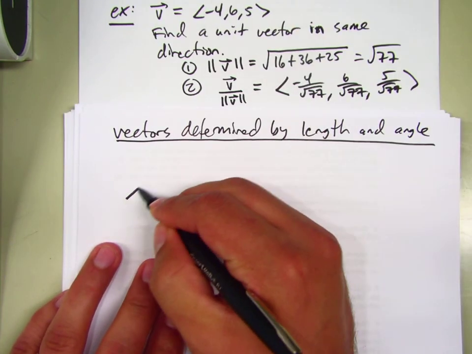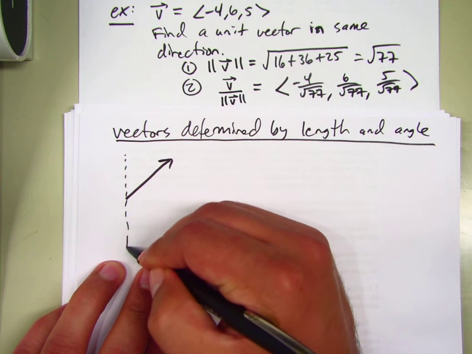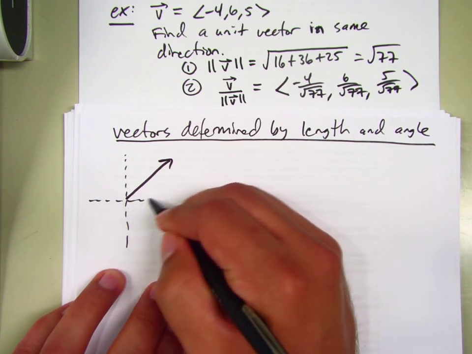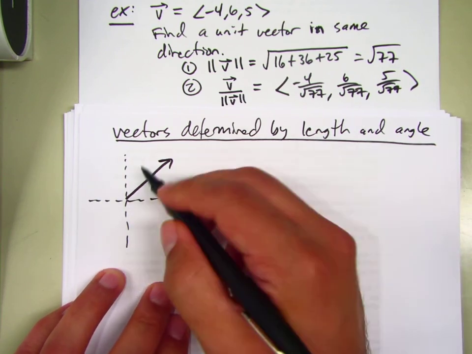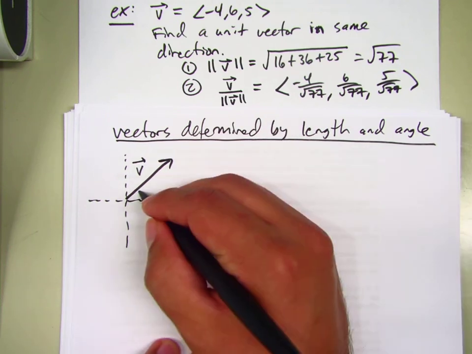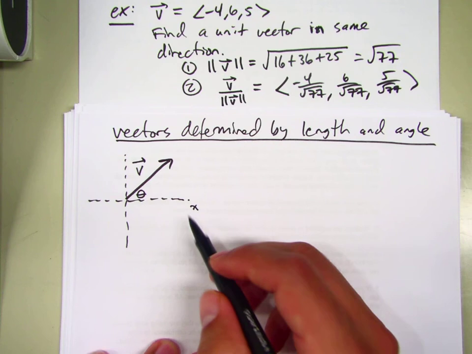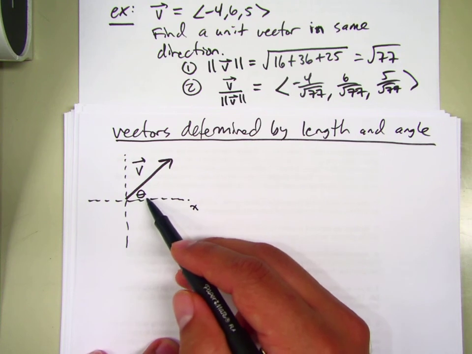So again, let's say we have here's our normal x, y plane, but here's v. And let's say that we have an angle with respect to this positive x-axis. Let's say that angle is theta.